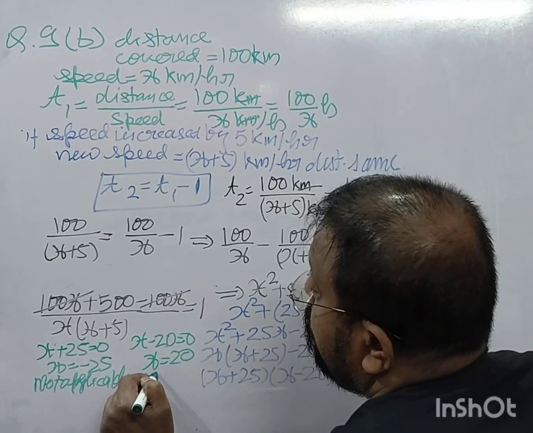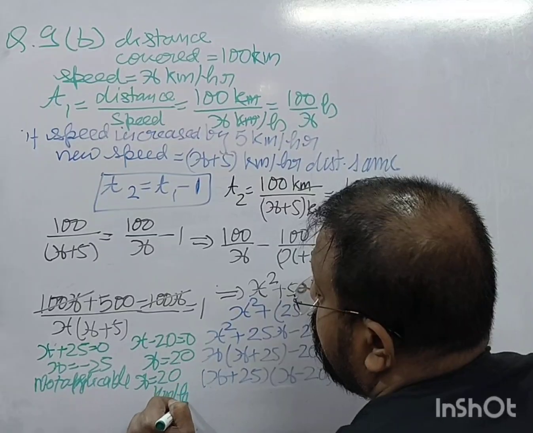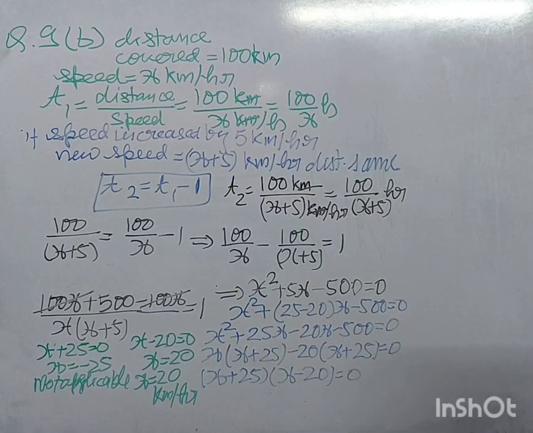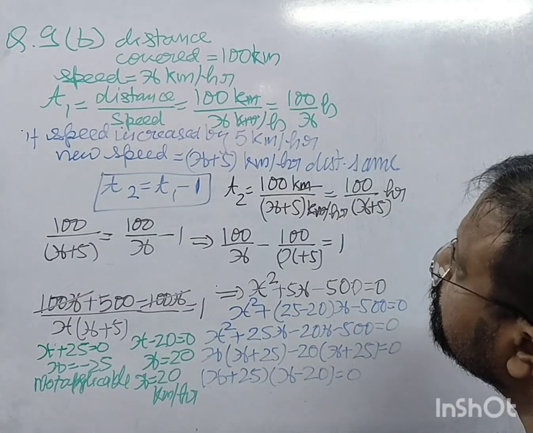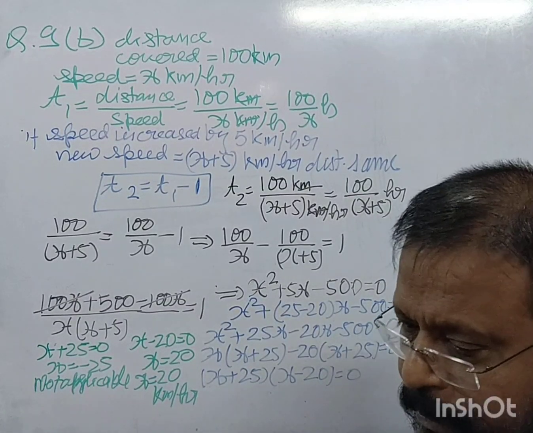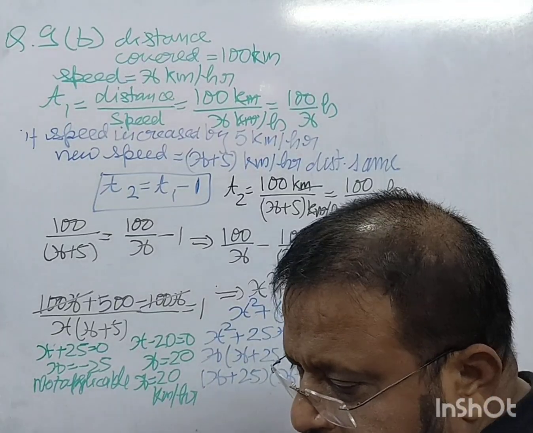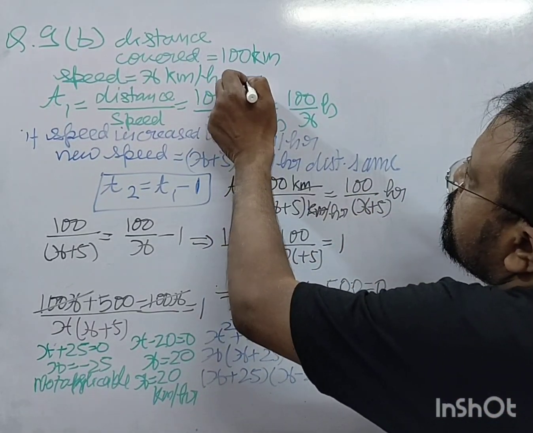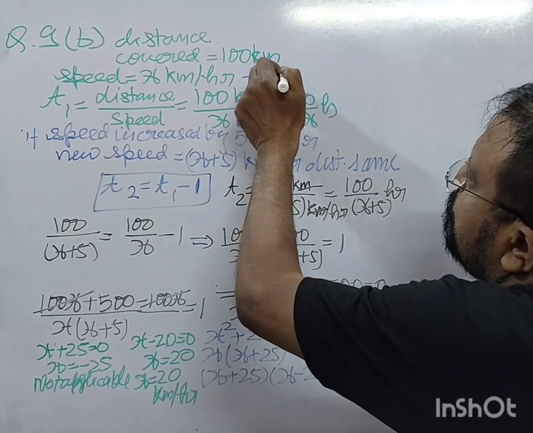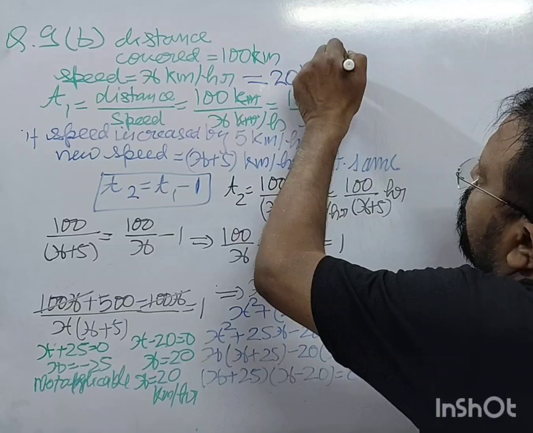So x is equal to 20 kilometer per hour. So the speed of the car is 20 kilometer per hour.